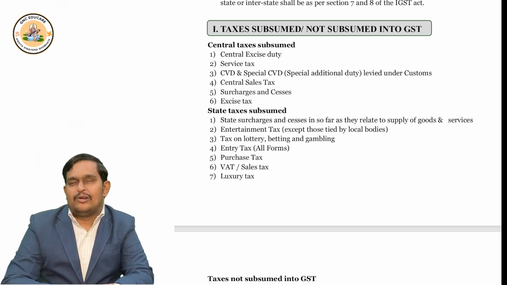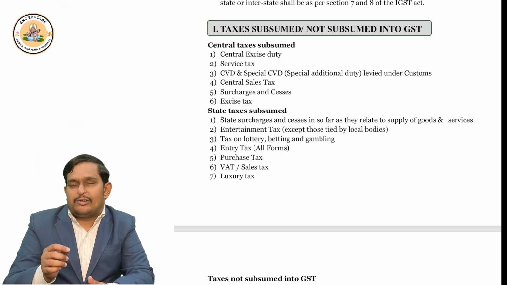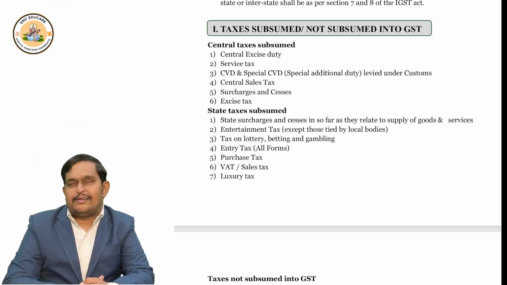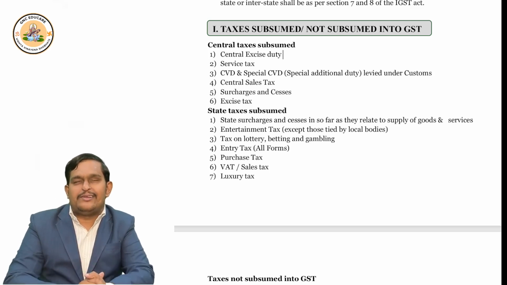That is also not applicable now. It is subsumed into GST. So, let us remember: central excise duty, central sales tax, service tax, countervailing duty and special countervailing duty, surcharges and cesses. These are the central taxes which are subsumed into GST.